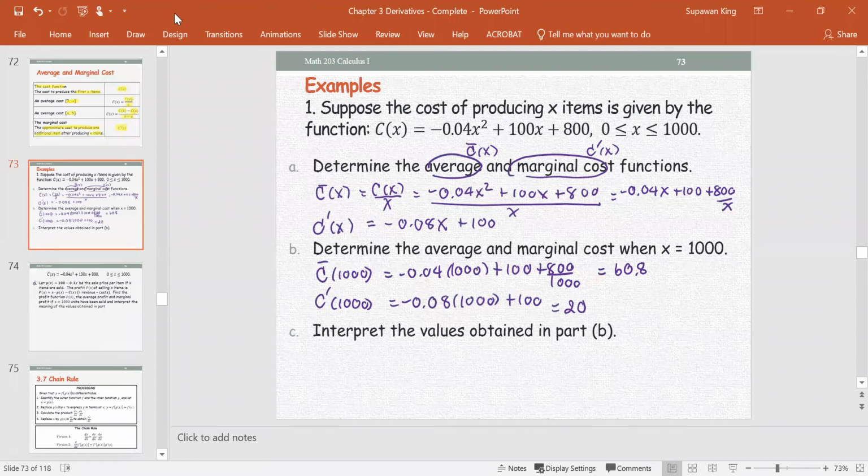In part C, interpret the values obtained in part B. C bar at 1,000 equals 60.8 is the average cost per item for producing 1,000 items.